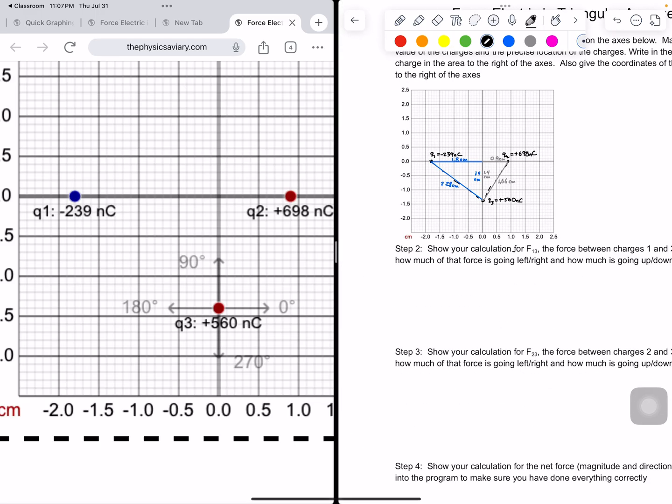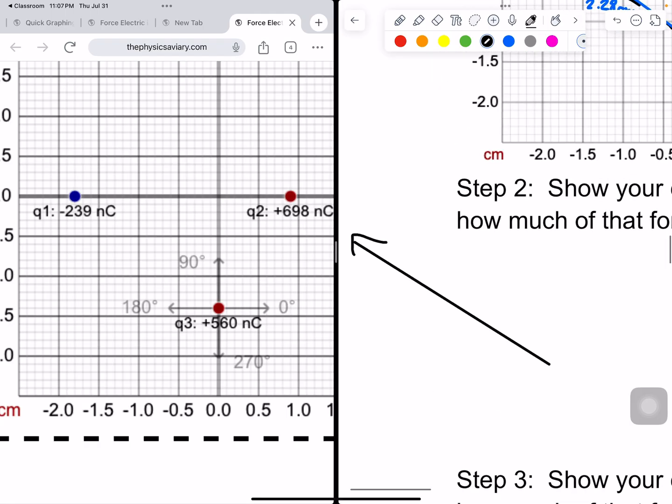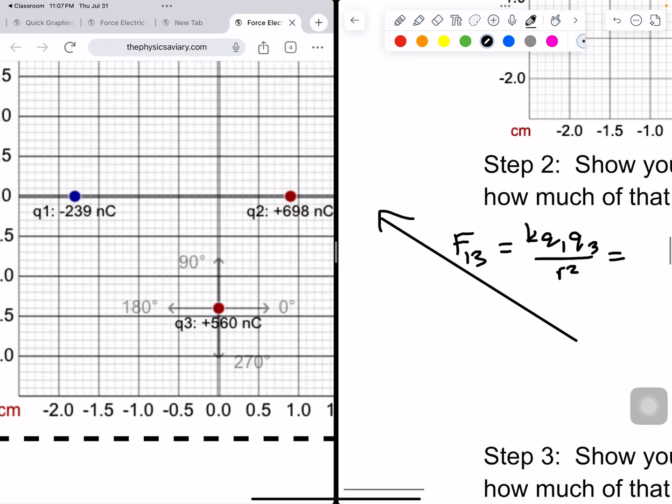So I'm looking for F13 in this step here. So I know F13 is going to be pointing up in this direction here. Okay, I got to find its value. And I can find its value by using Coulomb's law, F equals k Q1 Q3 over r squared. But once I find that, I'm going to need to find its vector components.